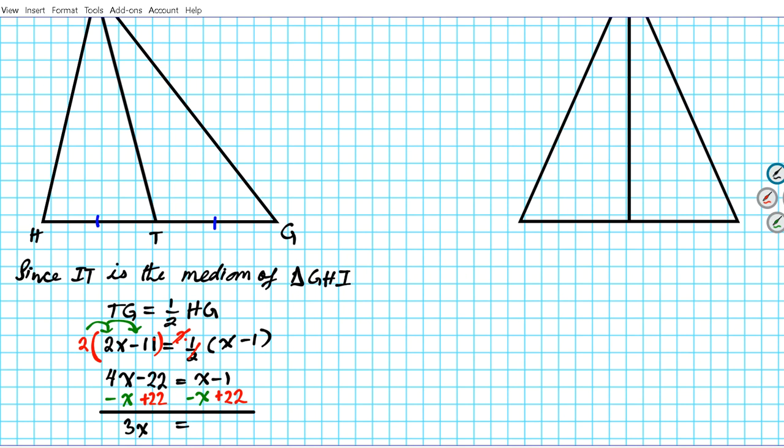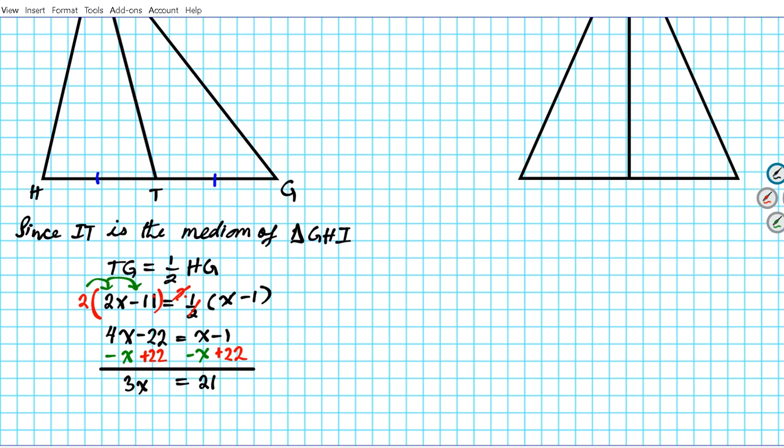Then negative 1 plus 22 is 21. To finish this off, one more algebraic step, just divide both sides of the equation by 3. That's the inverse of multiplication, right? And that gives us the answer, x is equal to 7. Ladies and gentlemen, that's the answer to problem number 5.